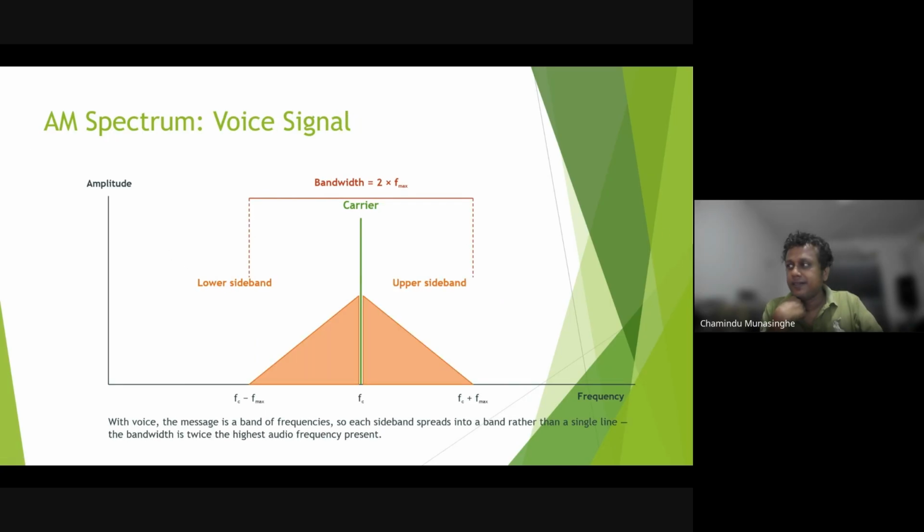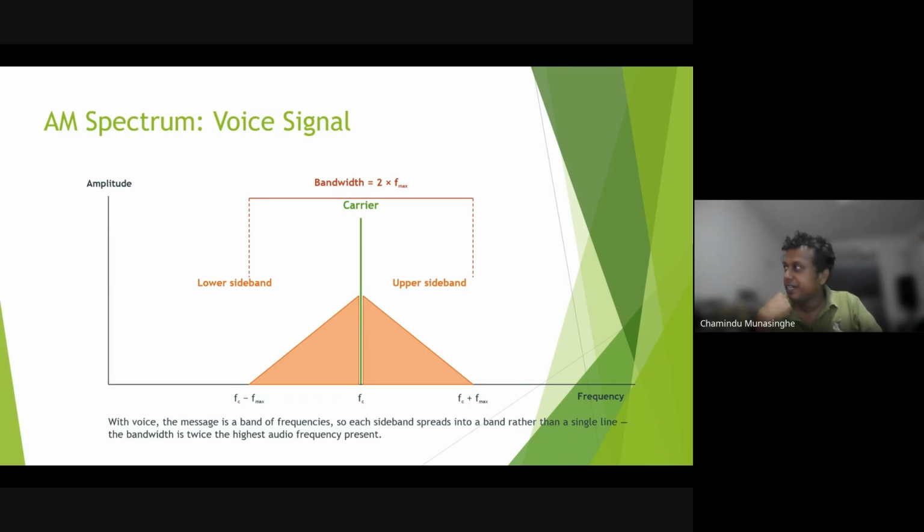This is what it looks like, because a voice signal is not just one frequency. The shape of this sideband might not be exactly this, but it occupies the entire range as the frequency varies, right? So this is what the spectrum view looks like for an amplitude modulated signal.